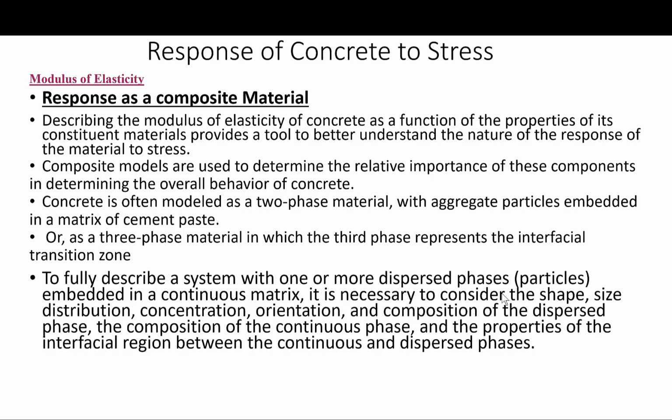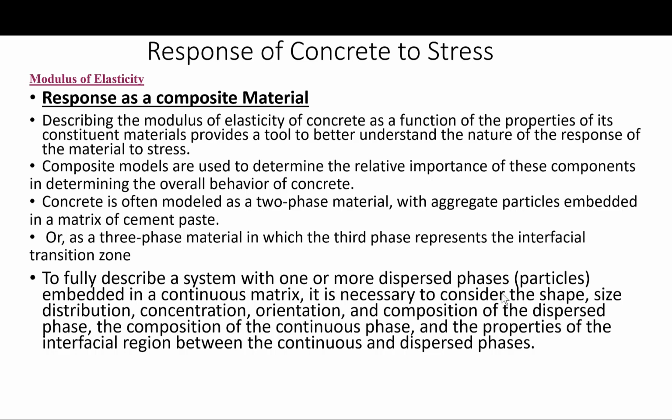For the purposes of these models, the aggregates and the paste phases are normally considered to be homogeneous and isotropic materials. Experience has shown that models of this type can provide a very good approximation of the mechanical behavior of concrete if the properties of the components are known. So we need to do our homework first.